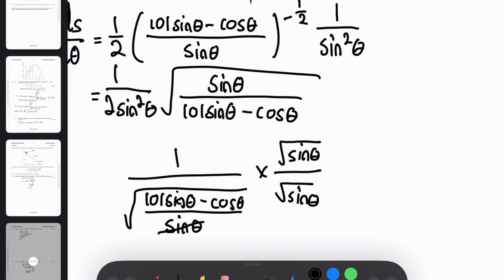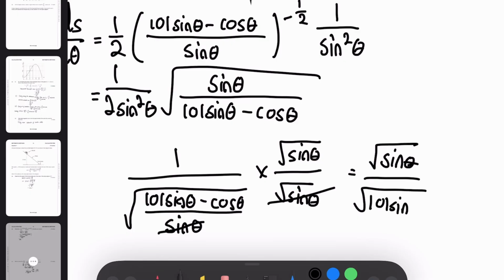Right, then this square root of sine of theta will cancel with that. So then we are left with square root of sine of theta on the top, with the square root of 101 sine of theta minus cosine of theta.